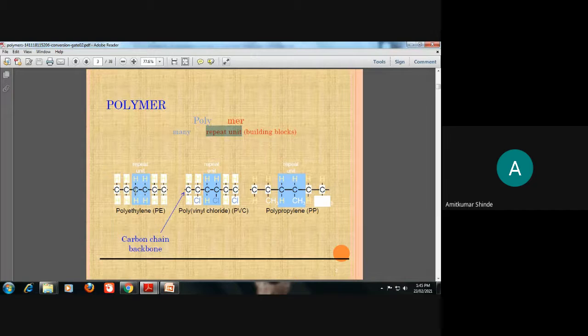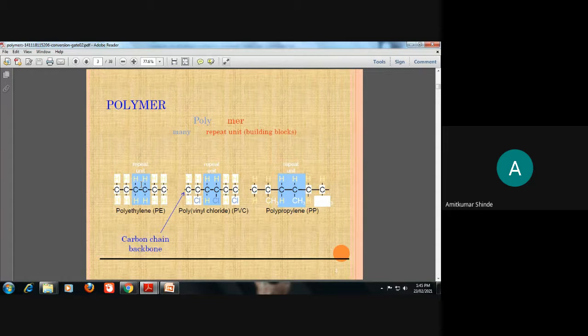This carbon molecule with two hydrogen molecules is attached to another carbon molecule, and this carbon molecule will be attached to two hydrogen atoms. This unit will be repeated again and again. This is highlighted in the blue color.